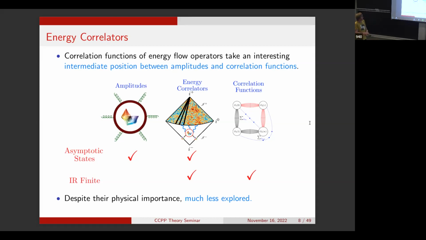So what these energy correlators are is kind of a hybrid between a correlation function and an amplitude. It's like a correlation function that involves asymptotic states. Practically, this is quite nice because the study of both these correlation functions and amplitudes is very well developed. So we can take the tools from each side and use the best of both worlds to make predictions for things that are concretely measurable at the LHC.